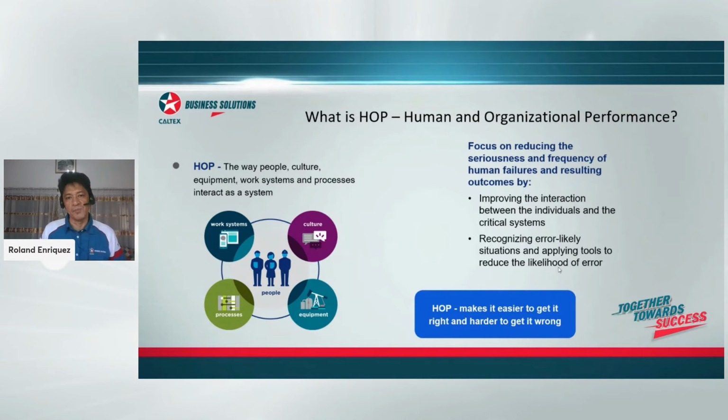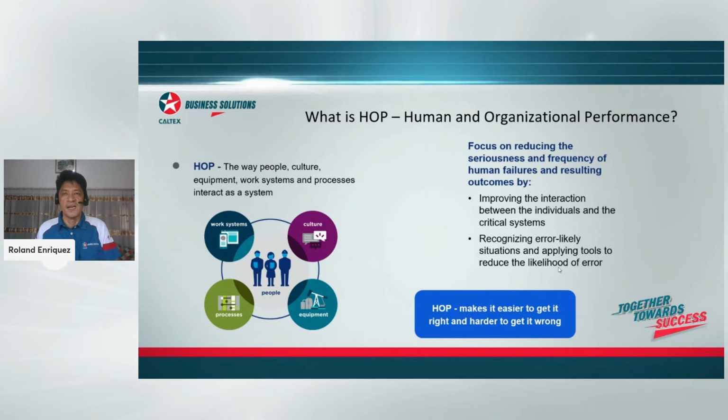Maybe the quick definition is that the objective of HOP is to make it easier to get it right and harder to get it wrong. The reason is that we all know people are not perfect, and have the ability to commit mistakes. HOP is a shift in our thinking: let's anticipate in advance that people will make mistakes, so that when we design our work system, culture, process, and equipment, we take into account that people are not perfect.